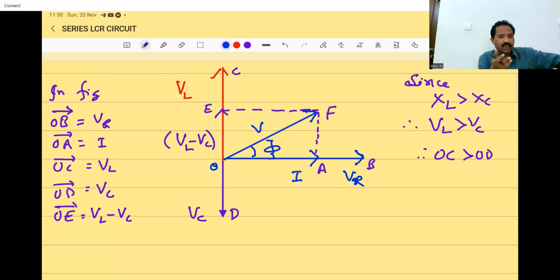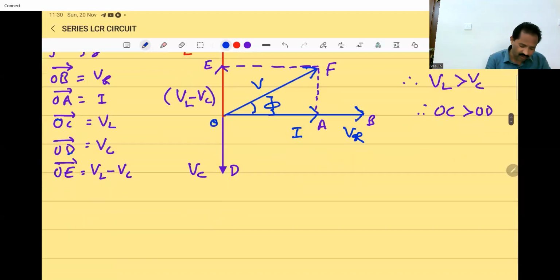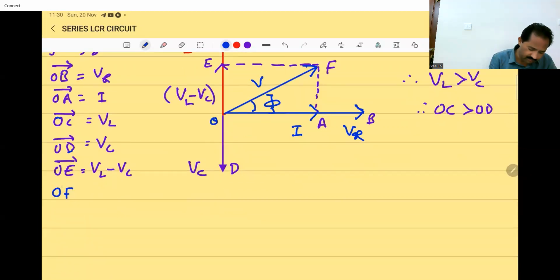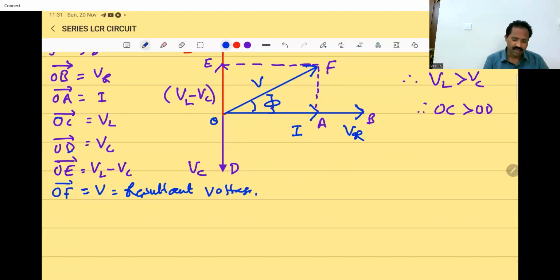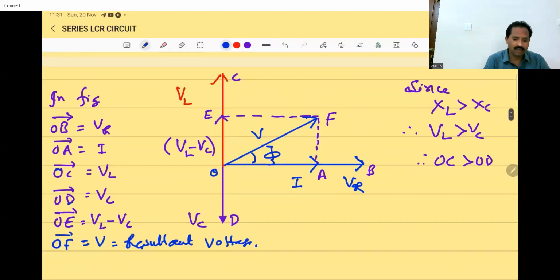The vectors in the figure: vector OB represents VR, OA represents I, OC represents VL, OD represents VC, OE represents VL minus VC, and vector OF represents the resultant voltage V. This is called resultant voltage. Resultant voltage. Okay, makla? You should remember this much. This is what we should write as the phasor diagram. So the arrow marks should be correct here. Everything should be clear. Okay, makla.